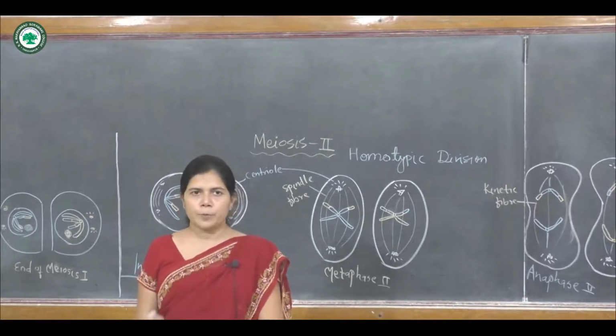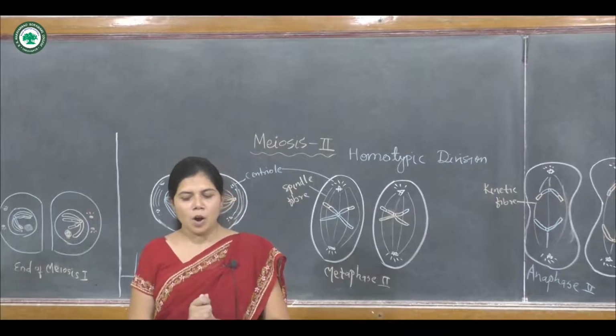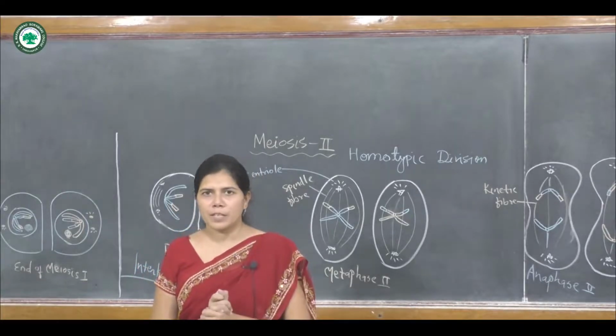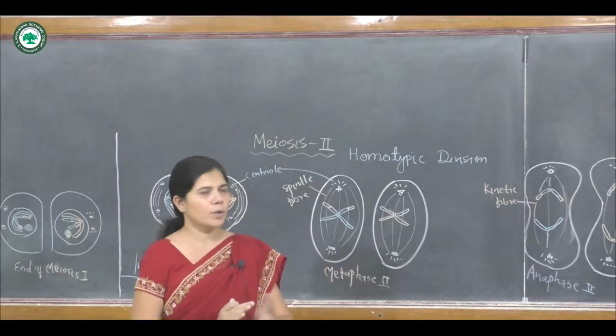That's why a constant number of chromosomes is maintained in a particular species by the process of meiosis.